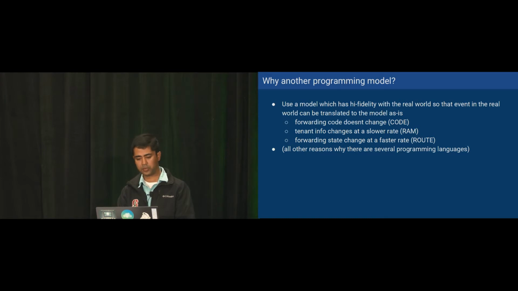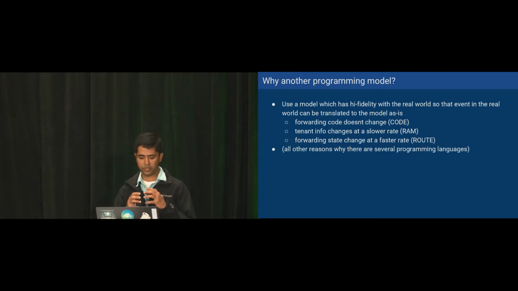So why do we need another programming model? We have P4, we have other models also. I think the reason is the same as why we have several programming languages. We have functional programming languages, we have imperative programming languages. So why do we need another one? It is basically that you need to use a tool which matches your use case.